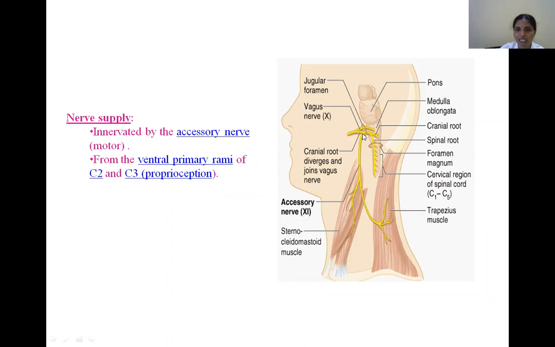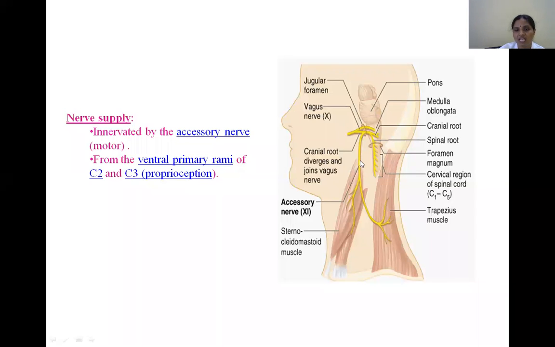Another part is the spinal part. The spinal part takes origin from the upper 4 or 5 cervical spinal segments, then it ascends and leaves through the jugular foramen, leaving the vagus nerve here. So it descends as the spinal accessory nerve. This spinal accessory nerve first appears in the anterior triangle, passing through the muscle or behind the sternocleidomastoid.